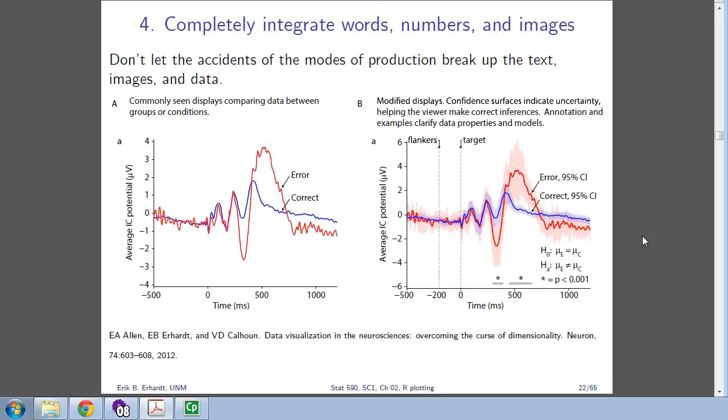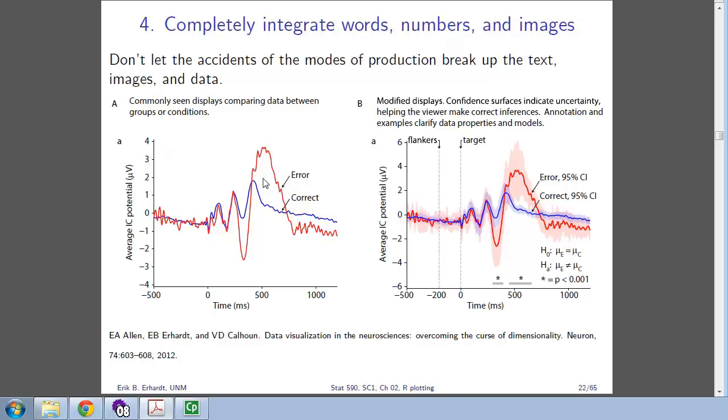Okay. Number 4, integrate words, numbers, and images. So in brain imaging, this is a common plot on the left where we're looking at EEG signals. EEG is electroencephalography. You put little electrodes all over the scalp of your head, and it measures electrical impulses.